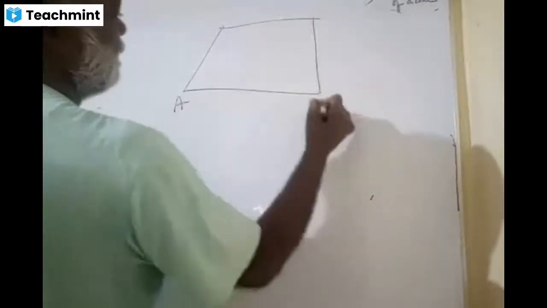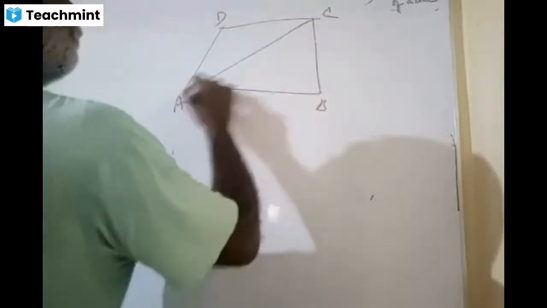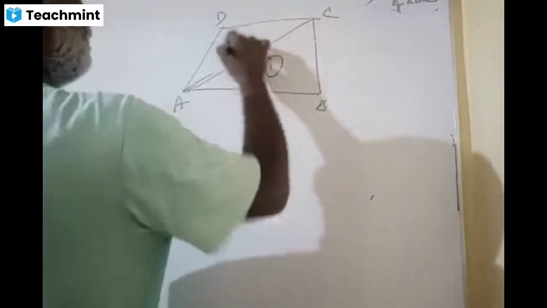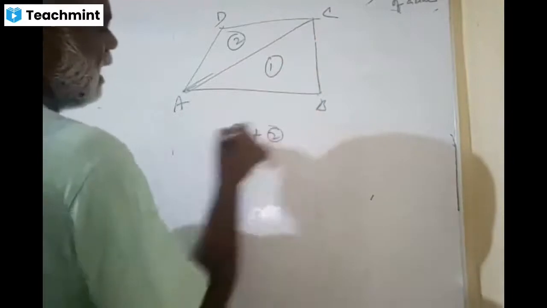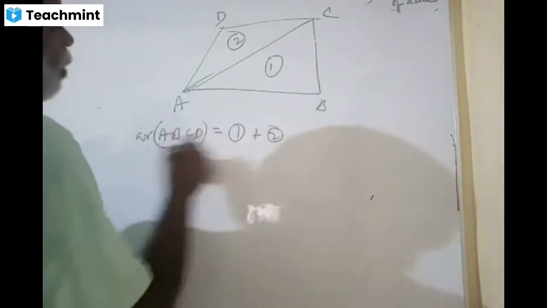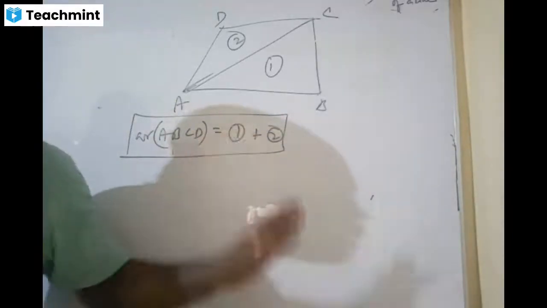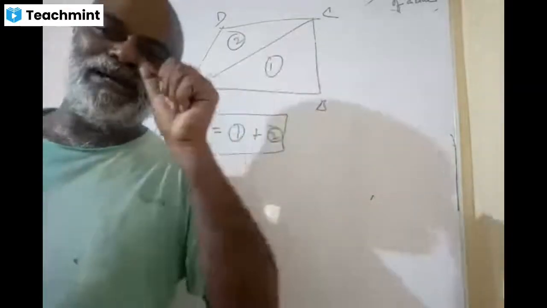This is quadrilateral ABCD. We are not worried about what shape it is. If you know ABC, you find out this triangle. You know ACD, you find out this triangle. Add the two areas, you will get ABCD. This is the area of a quadrilateral. Okay, right? So, this is how our 10th standard geometry is structured.